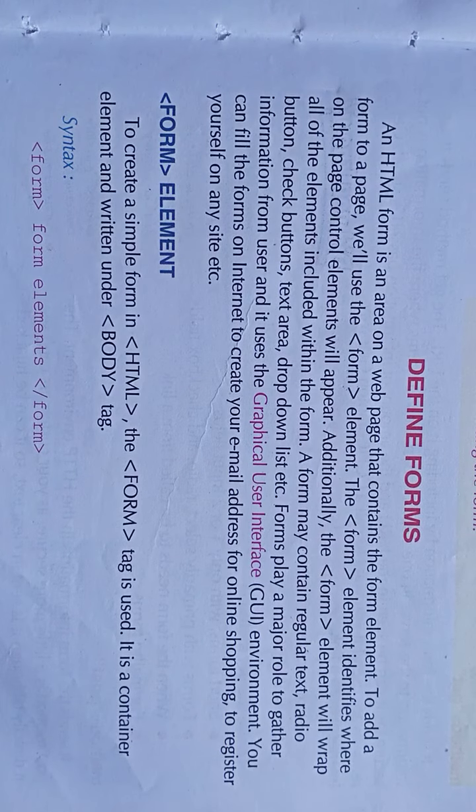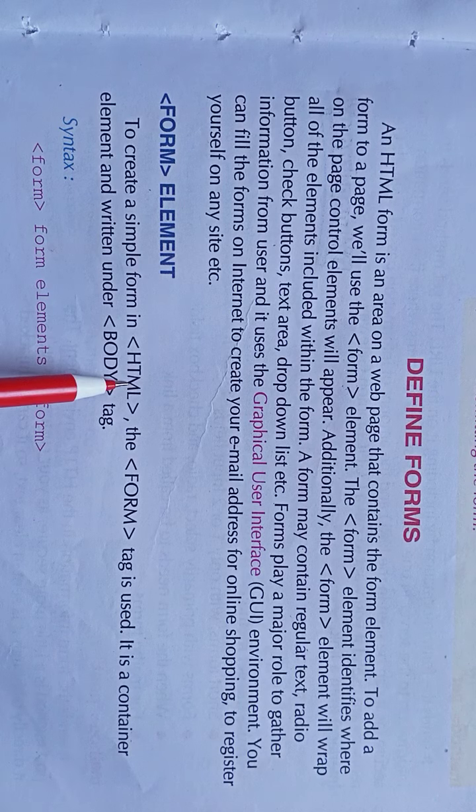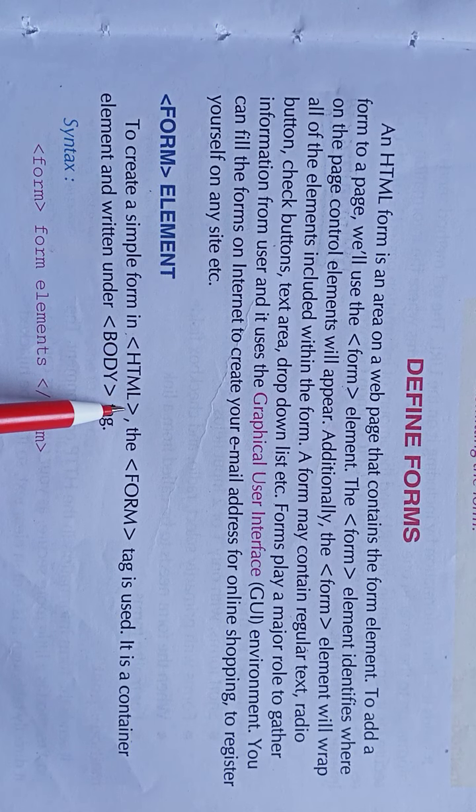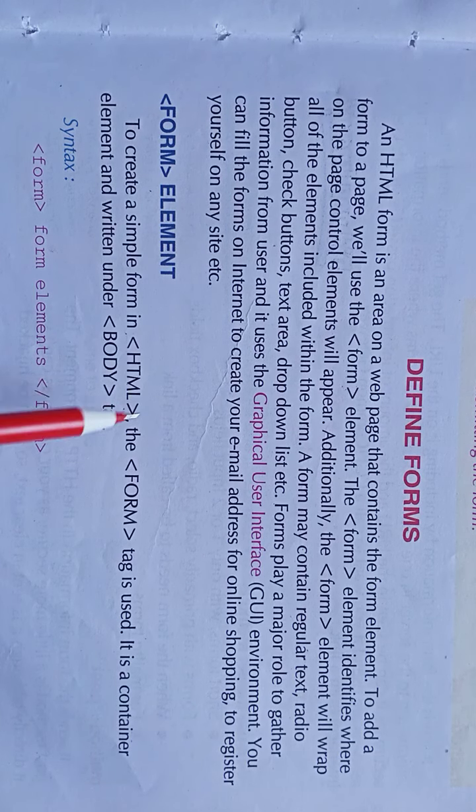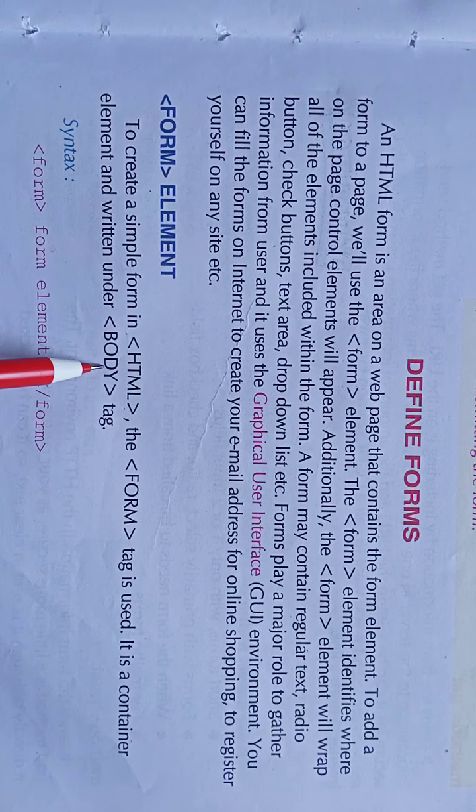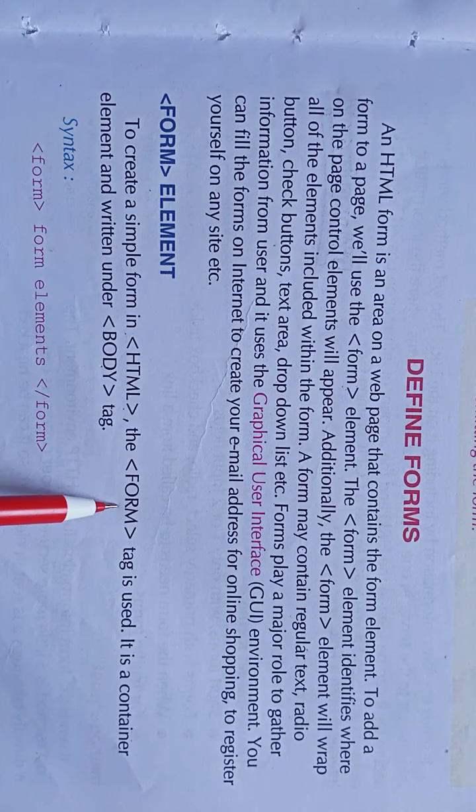To create a simple form, first we know that everything needs to have the basic elements, that is the HTML element and the body element. First you write the HTML element. Inside the HTML you write the body element, and in the body tag you write the form tag.